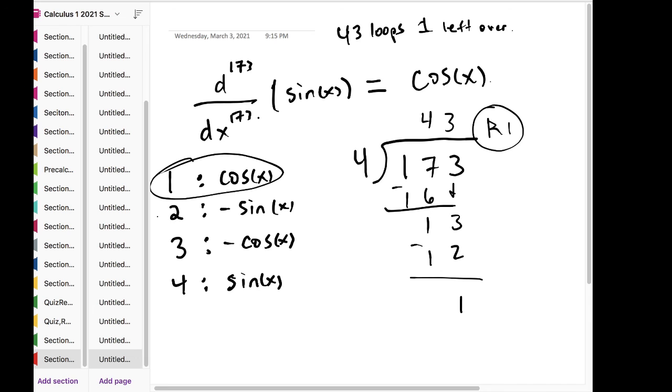Oh yeah, you're talking about i squared is -1, i cubed is -i, i to the 4th is 1, and then i to the 5th.